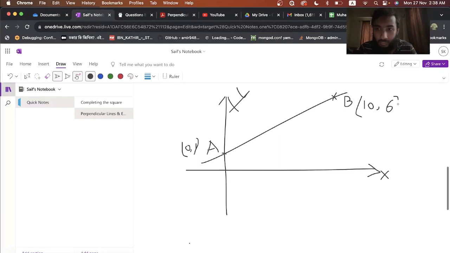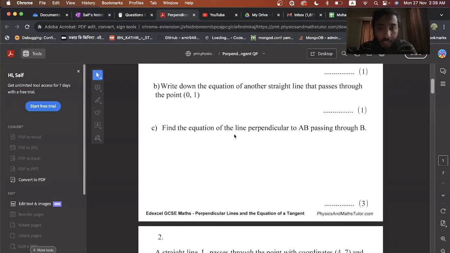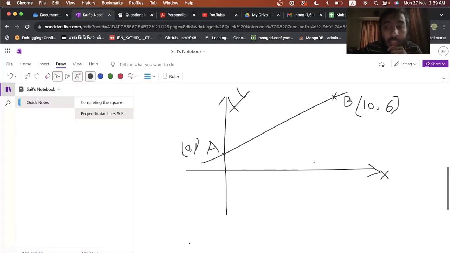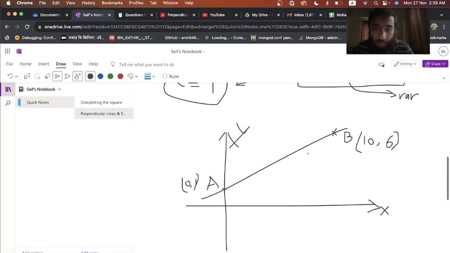So I have to find the equation of a line that is perpendicular to AB passing through B. So this line has to pass through B and be perpendicular to AB. What is perpendicular to AB? That's something that resembles this.